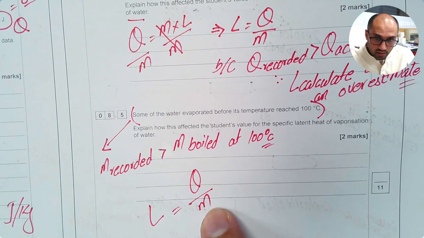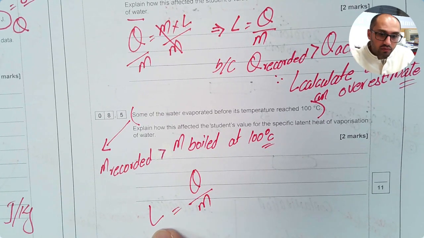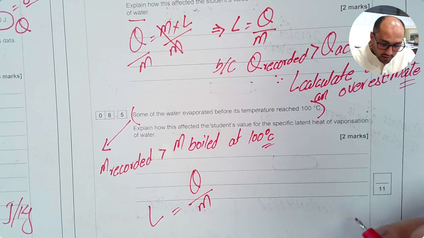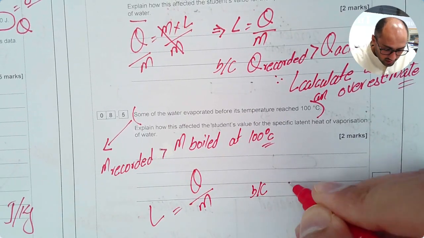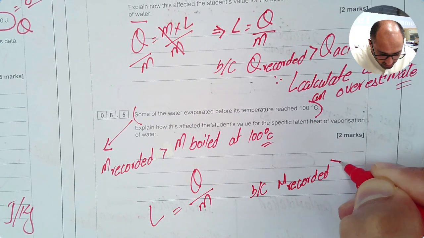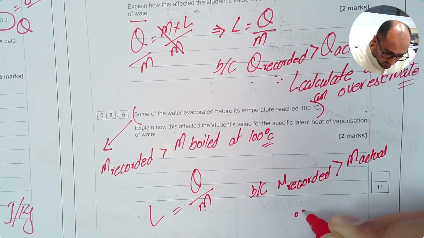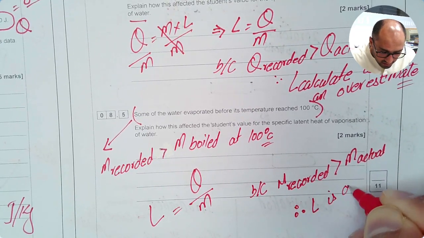So in this case, M has a value which is bigger than the actual value. So if my denominator value increases while the numerator stays the same, my value of L will decrease. So I can then say, because M recorded is greater than M actual, therefore L is an underestimate.